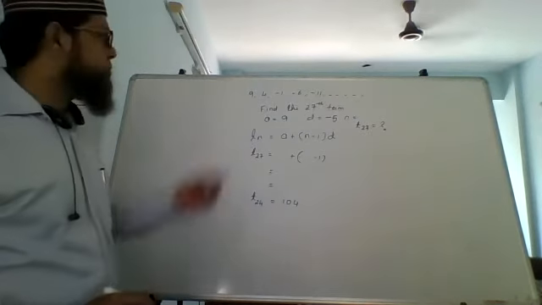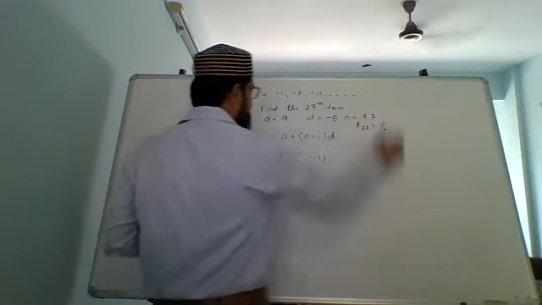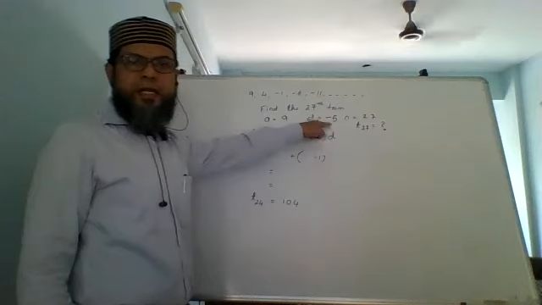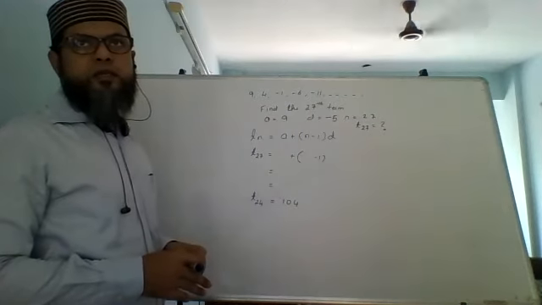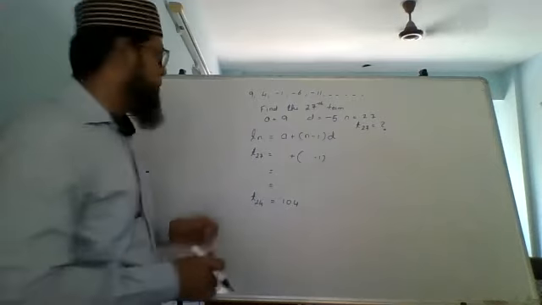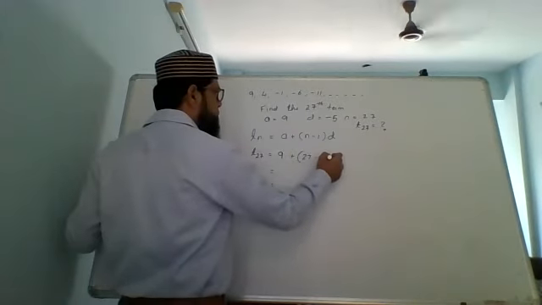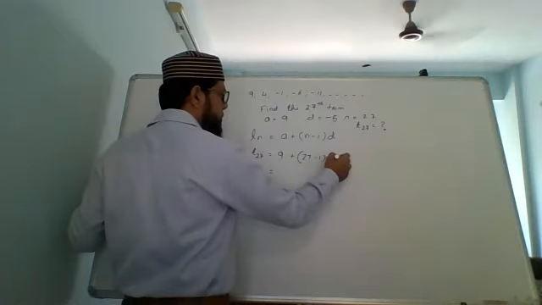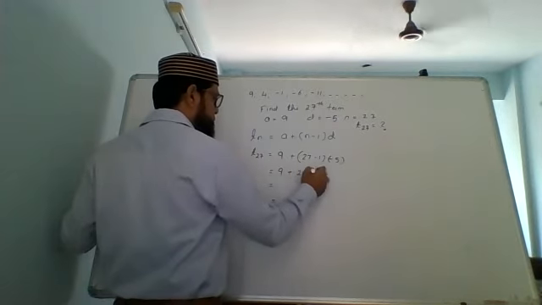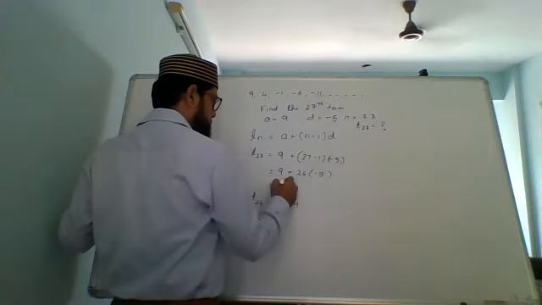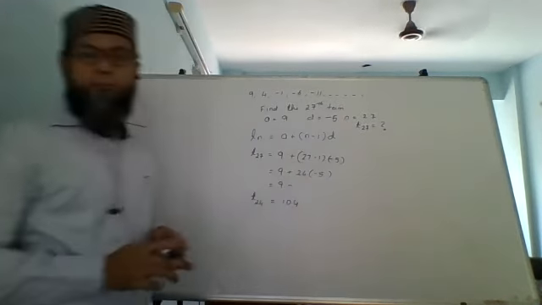Now, N, they have said find the 27th term. This is where, as I said, you all will have a possibility of making mistakes. So you have to be careful over here. Otherwise, it is simple. Plus into minus is going to give me minus.